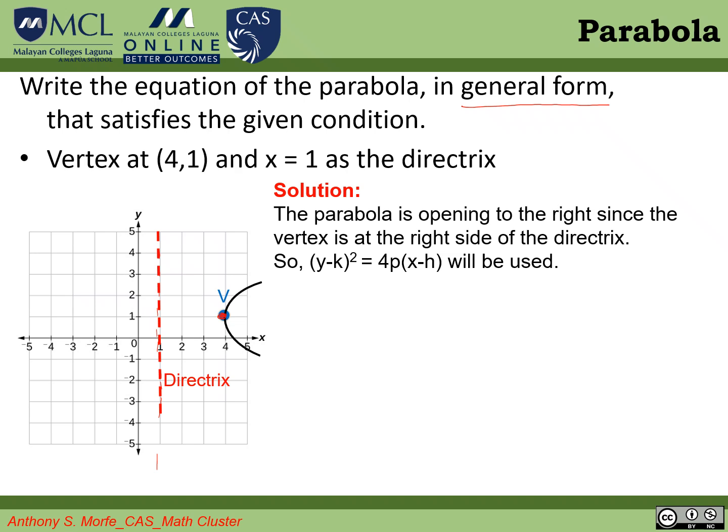If it happens that the directrix is at the right of the vertex, then the parabola opens to the left. It should be like this. Okay, so that gives us a hint that the parabola opens to the right, although we are just given the vertex and the location of the directrix. Then we can tell which of the two equations we shall use. So opening to the right, we have to make use of this standard form.